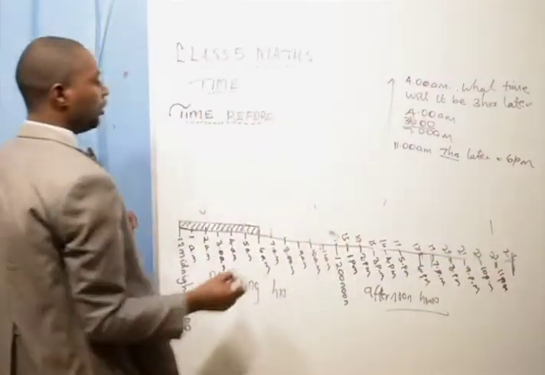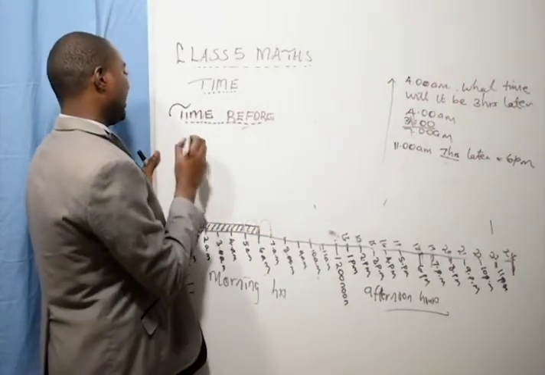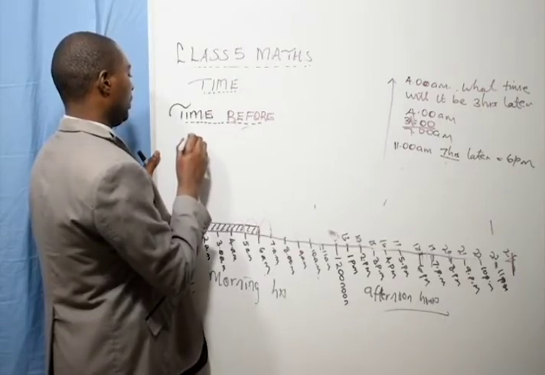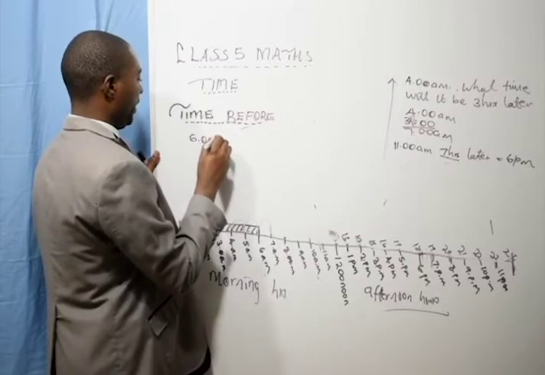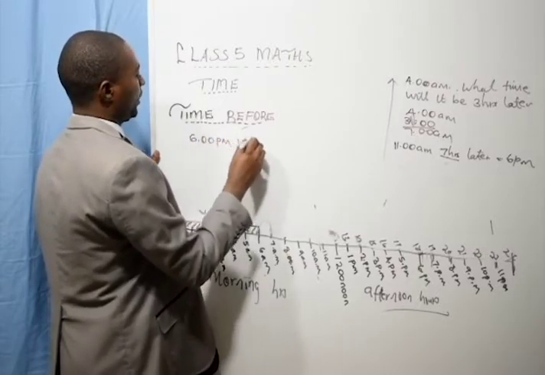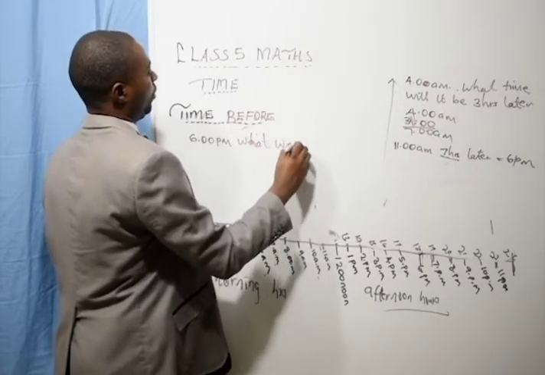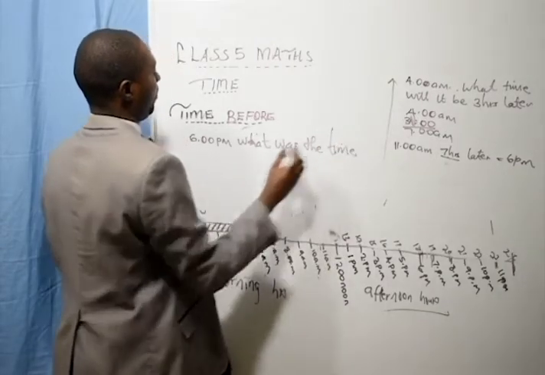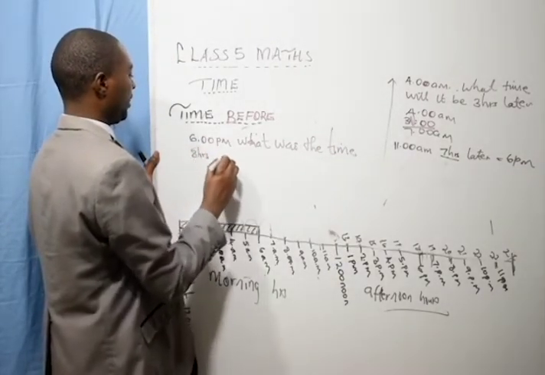You must not use the whole of this scale. You can simply be asked, it is now 6:00 PM. What was the time 8 hours ago?